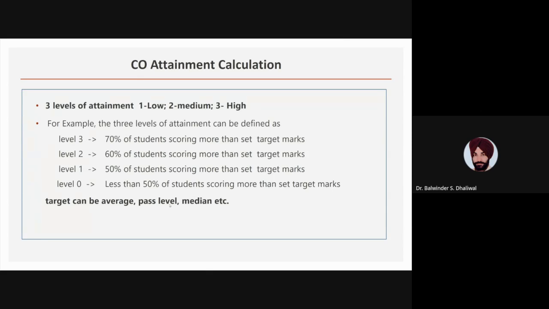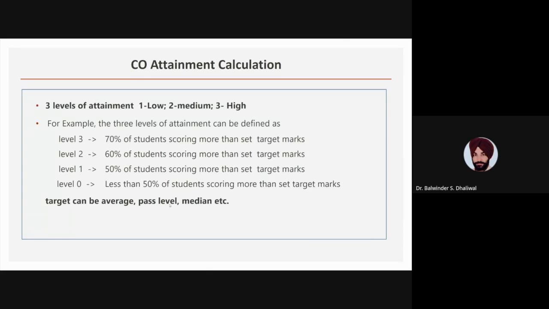Generally it is not suggested that the pass level should be the target mark, it should be more than that. But to start with, we can have the pass level as the target marks, or the median marks can be set as the target marks, or from the previous year results we can set the target marks, based on how many students are scoring more than a particular threshold. Then accordingly we can set the target.